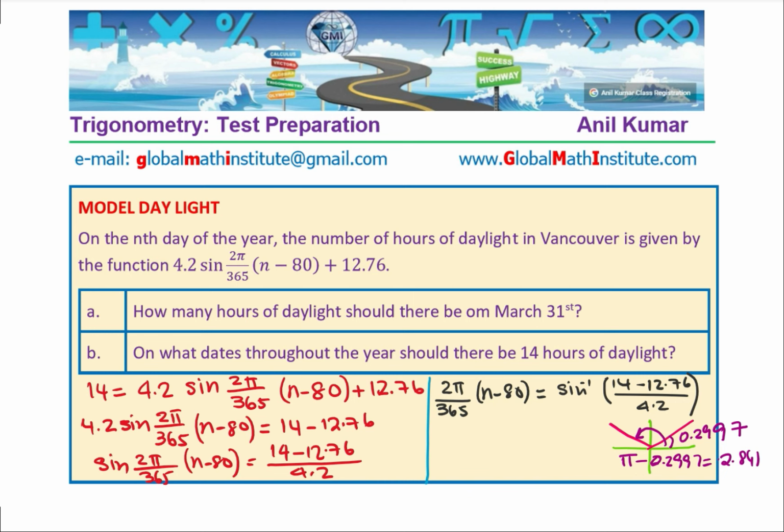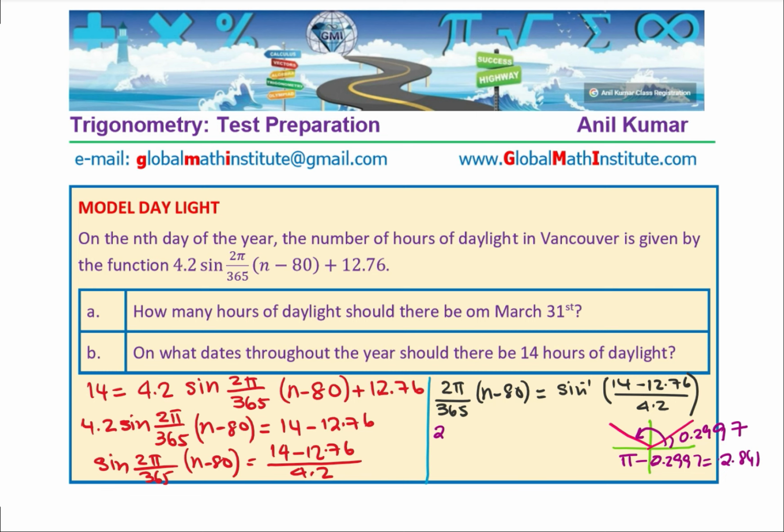Now for these two values, we should be in a position to calculate n, right? Then only we'll get both the values for the daylight, right? And once we get these values, we can find the day of the year, correct? So those are the two values. So we have two situations here.